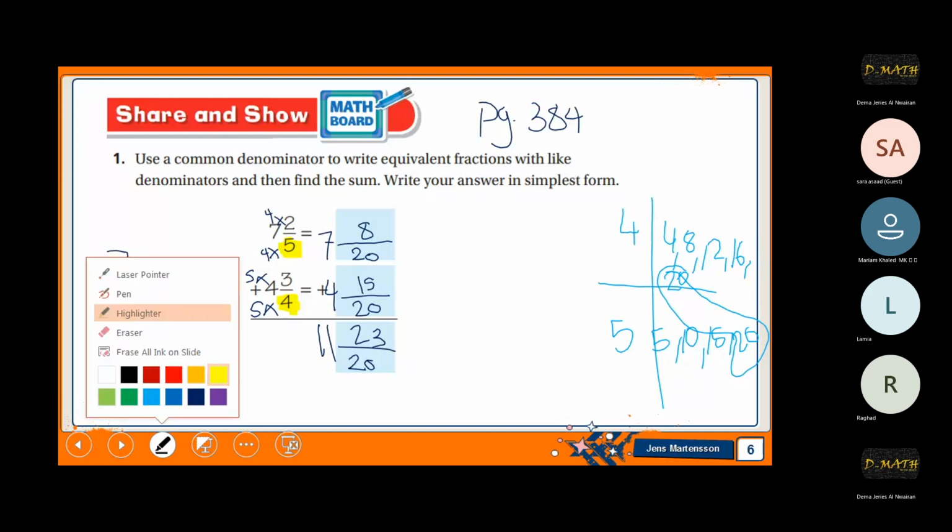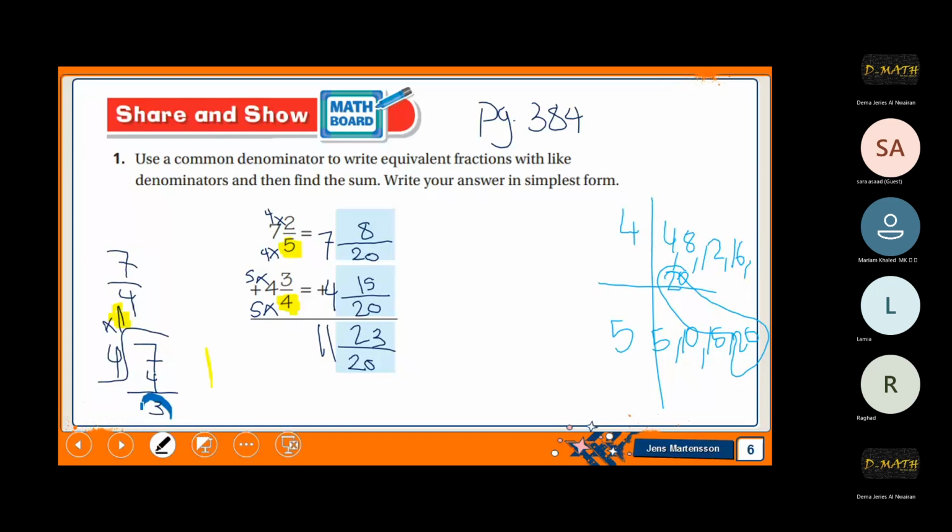And the remainder, 3, write it up. And the number of the divisor, write it down. So it comes like 1 and 3 over 4. This is a fraction and this is a mixed number. This is just a remainder.